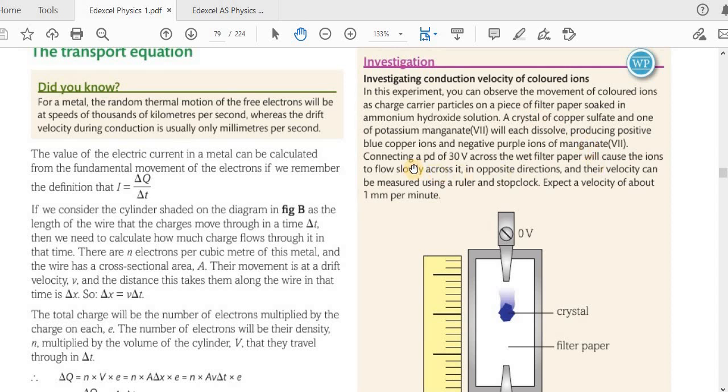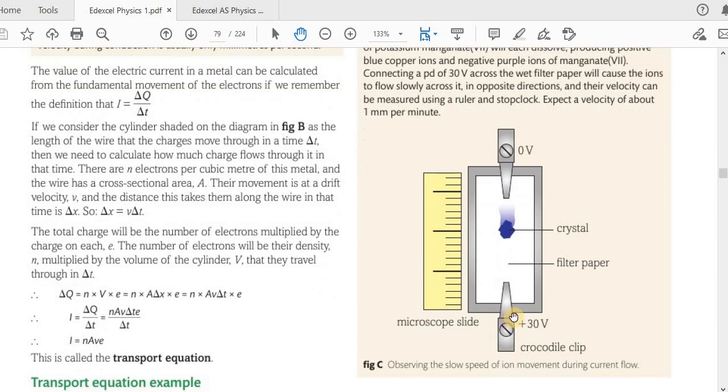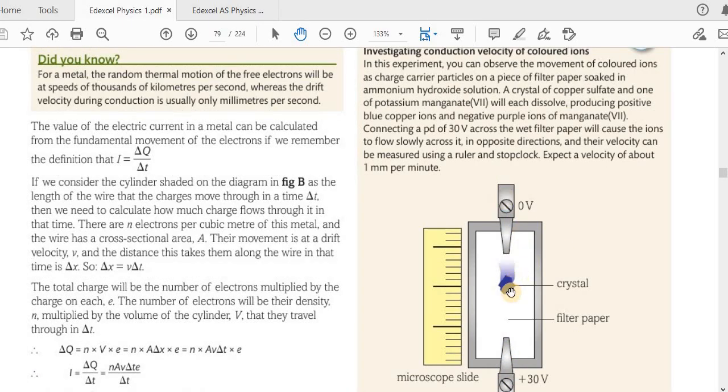So what will happen is, the negative ion will move towards this positive plus 30 volt end, and the other one will move towards the less positive or the negative end. It will move towards this side. So connecting a potential difference of 30 volts across the wet filter paper.